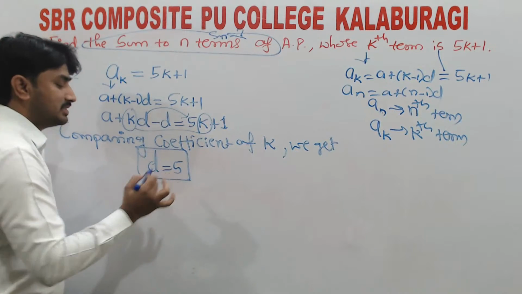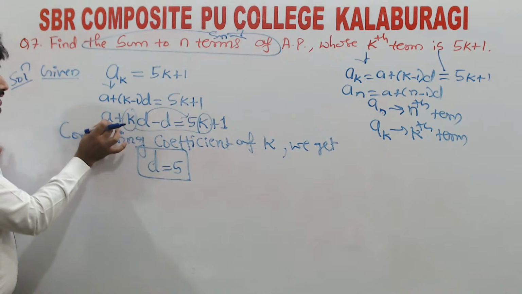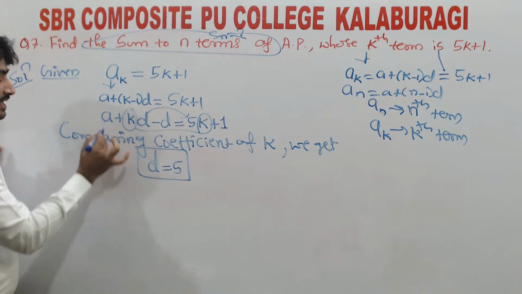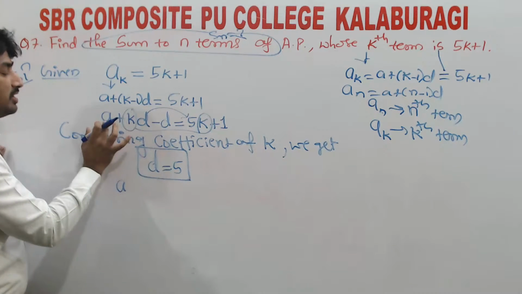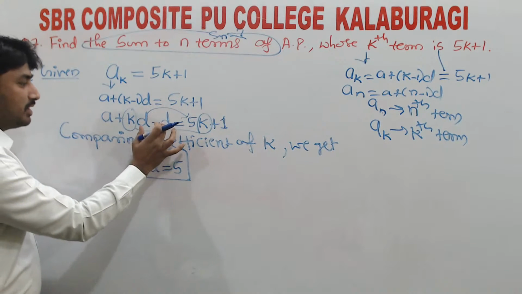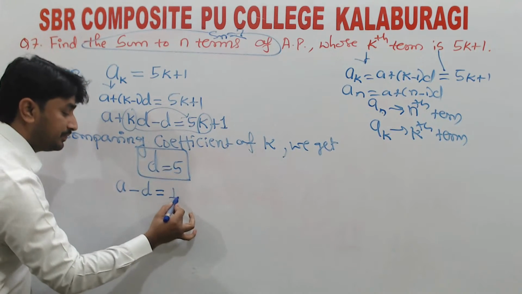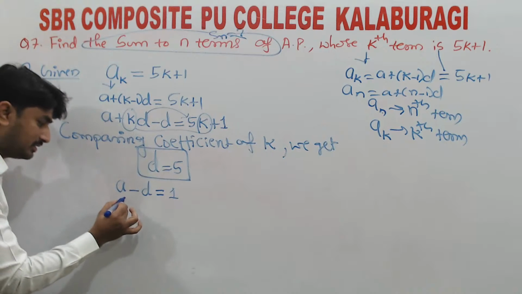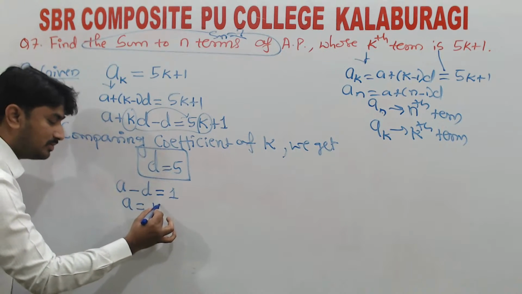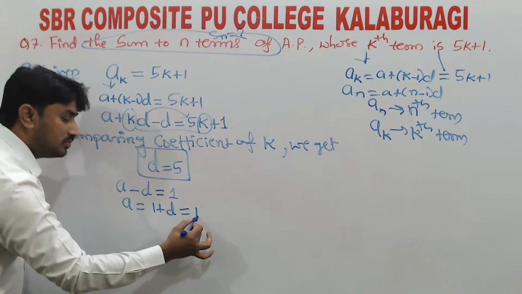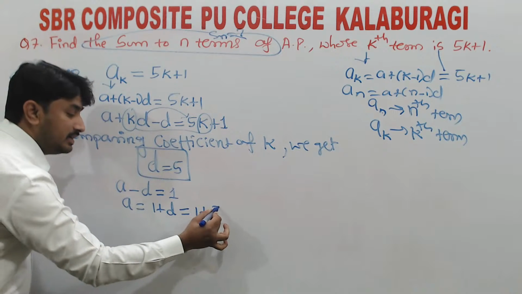So our common difference value is 5. The remaining constant terms, with no unknown value: a minus d is equal to 1 on the right side. So a is equal to 1 plus d, where d is 5.